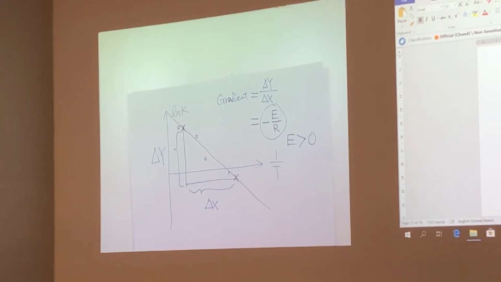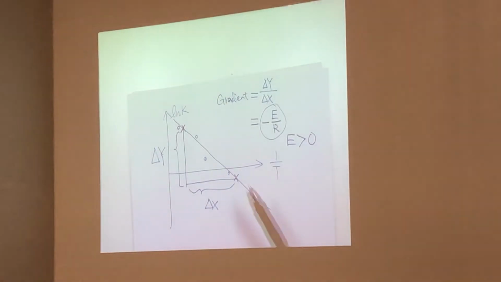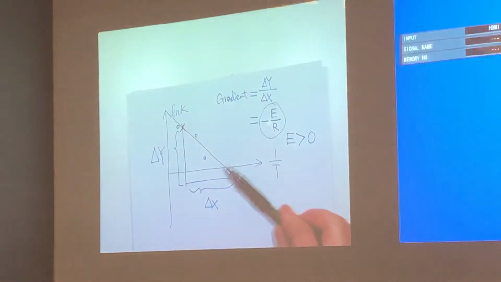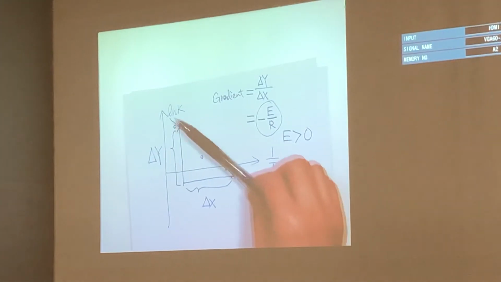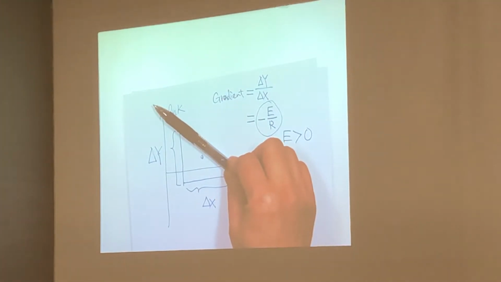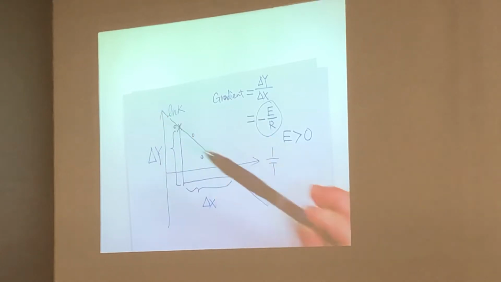And then, what about the intercept? Listen. For this case, it might be very difficult to extend to here to find your ln A. So how do you find the A?